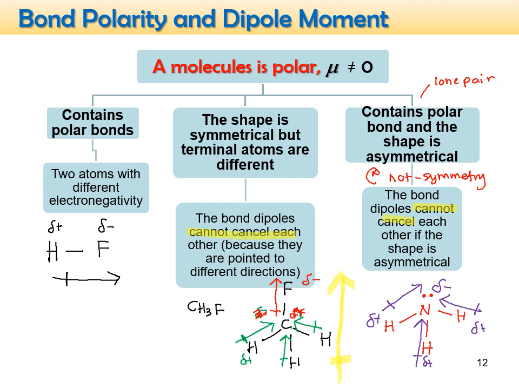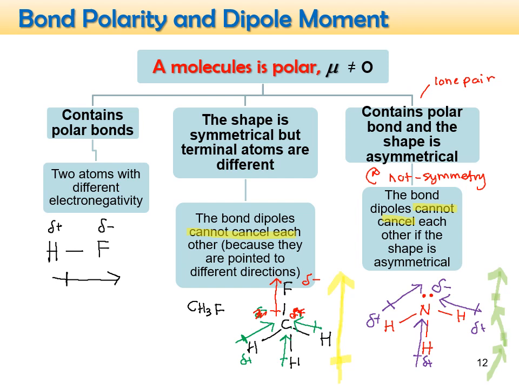Or, to make it easier to see, I always use this method. The resultant is the sum. So let's have a look at the first arrow. Pointing upwards, 1. The second bond, the resultant dipole also pointing upwards. The last one, the dipole moment also pointing upwards.